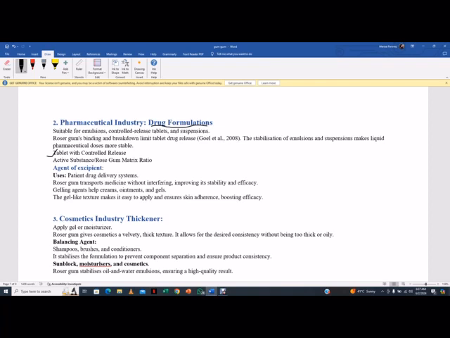It binds and disintegrates tablets to control the release of the medications, stabilizes suspensions and emulsions for consistent dosing, and it also acts as an excipient.